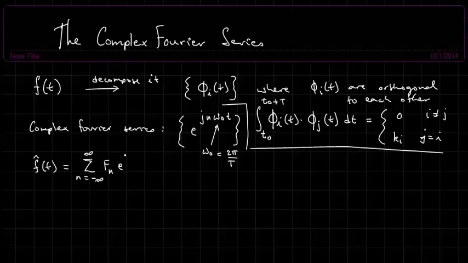And we'll take the product of that weighting term times our basis function, e to the j n omega naught t.